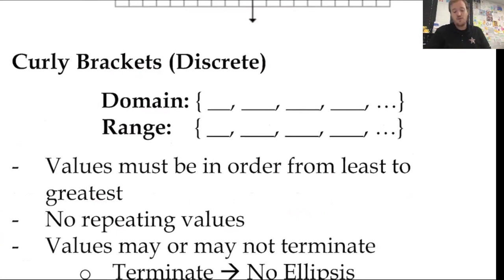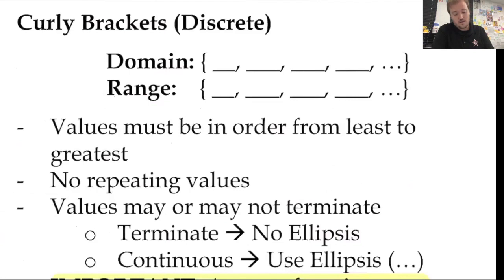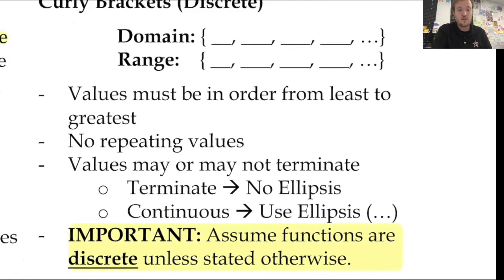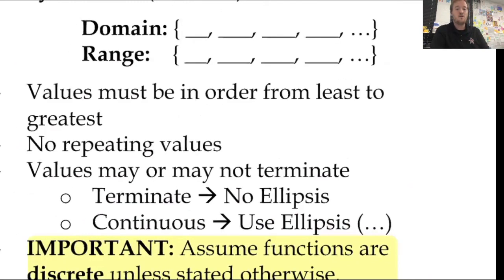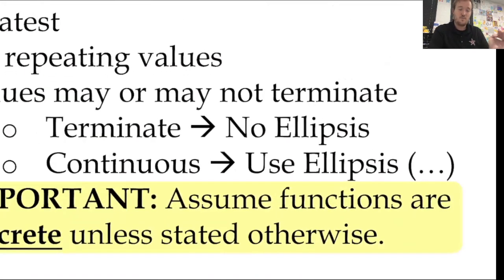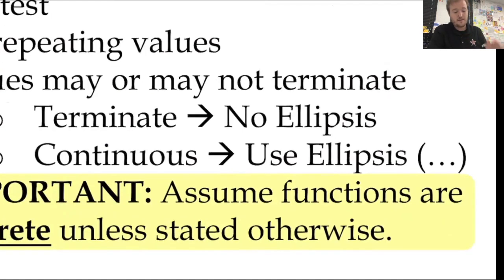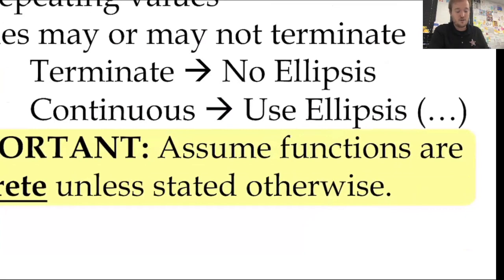So one thing to definitely keep note of is the use of the ellipses. So if you're going to use an ellipses, you have to make sure it's actually going to be non-terminating, like it's going to go on forever and ever. So if it is a non-terminating function, then you want to use an ellipses to represent that it's going to keep going and follow that pattern.